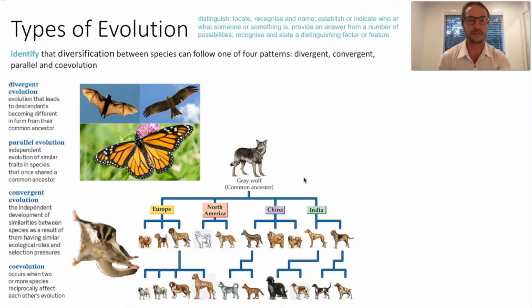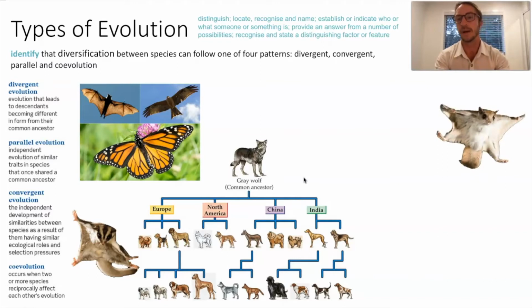So here we have the little sugar glider, but also the placental mammals of elsewhere in the world. So these mammals are said to have once shared a common ancestor, but were separated early on, but despite the separation evolved many of the same traits. And in this case, number one being similar gliding traits and abilities.